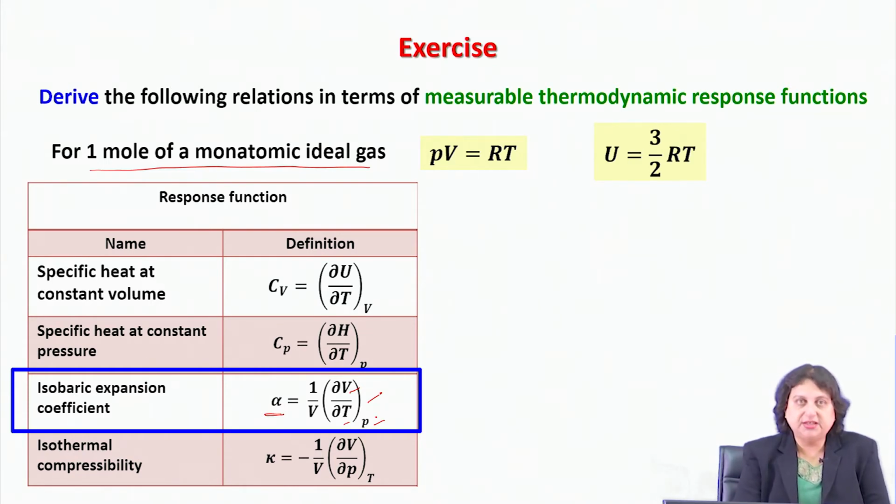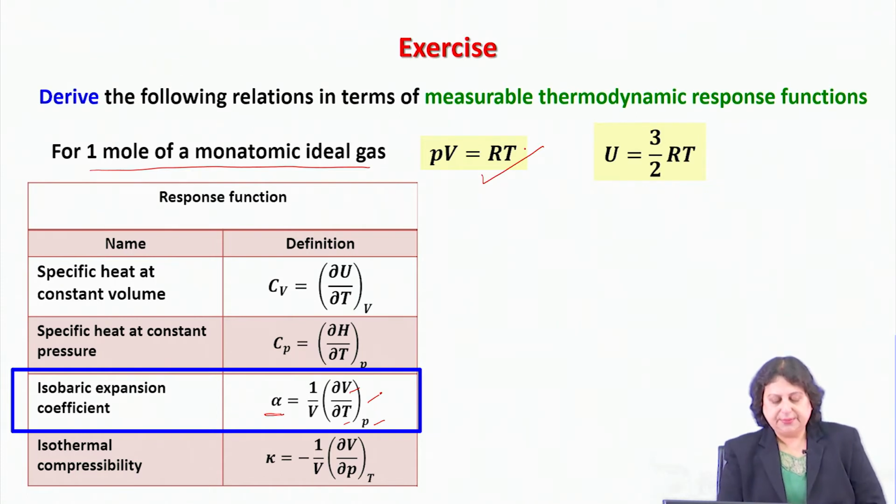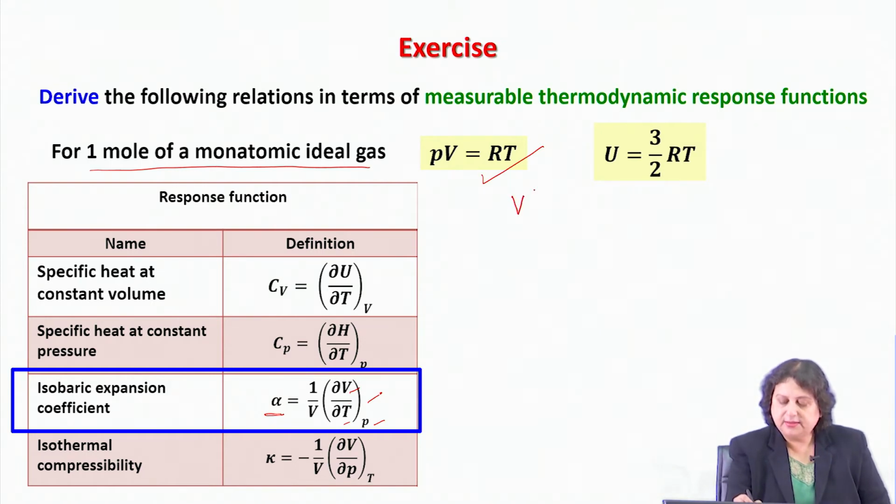Which expression gives me that? Obviously, the equation of state for the monatomic ideal gas gives me that relationship, and therefore, since I am taking a derivative of volume with respect to temperature, I am going to use the equation of state to write down volume as RT by P.